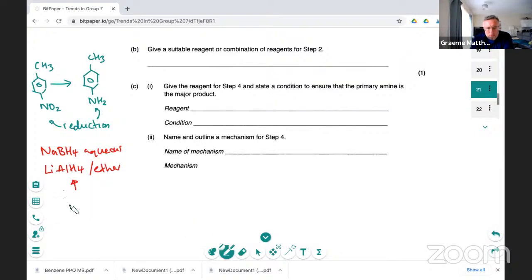This is the one you used for the carboxylic acid going down to the aldehyde, going down to the alcohol.